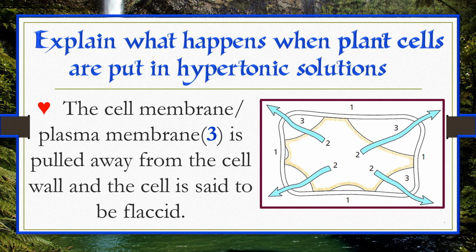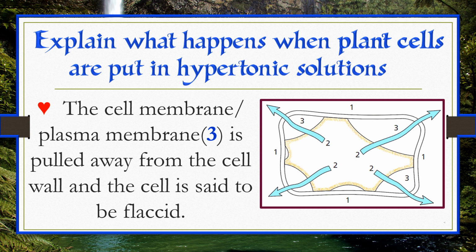The cell membrane, or plasma membrane, number 3, is pulled away from the cell wall, and the cell is said to be flaccid.